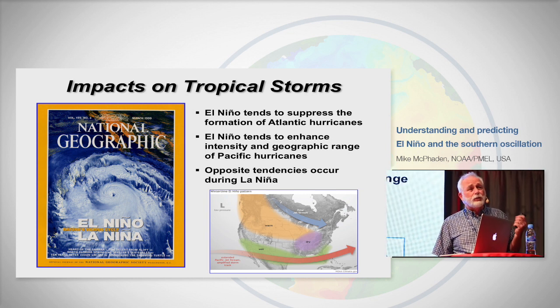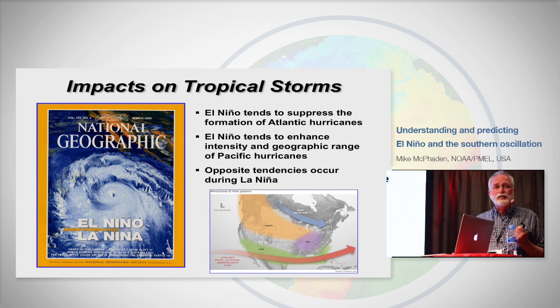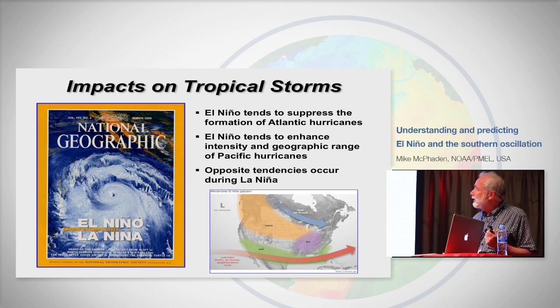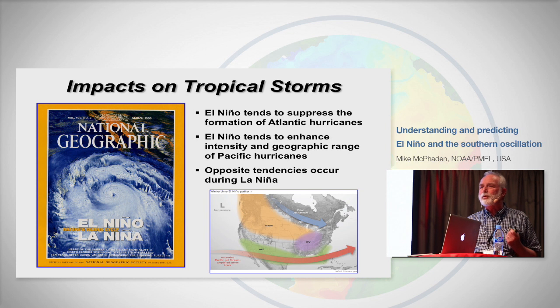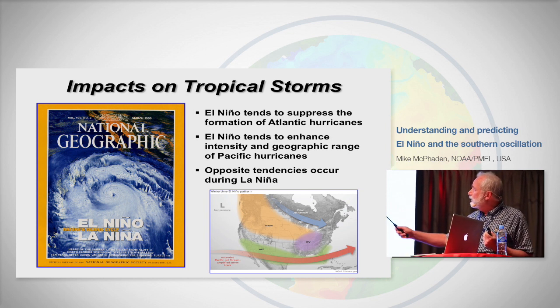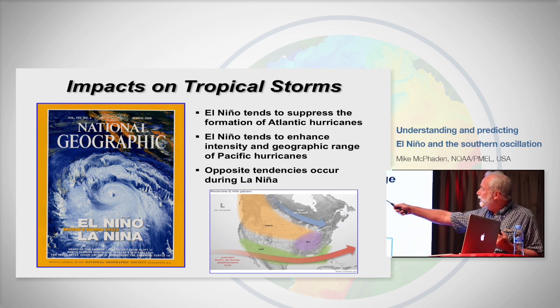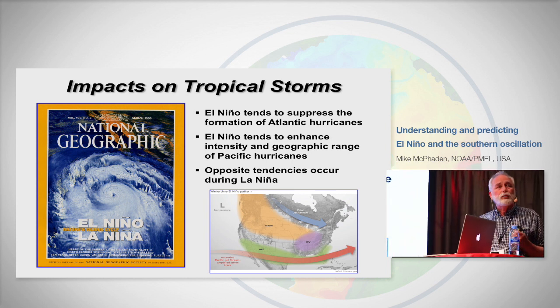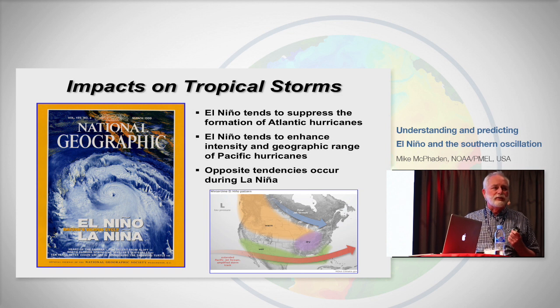One very important consequence of El Nino and La Nina is they affect the formation, the frequency, and the intensity of tropical storms in the Pacific and the Atlantic. And so during an El Nino, tropical storms in the Atlantic are suppressed.